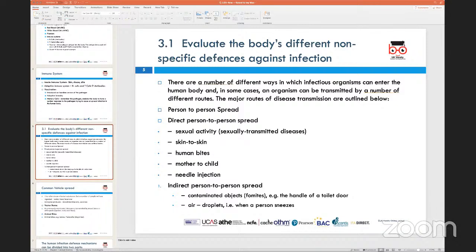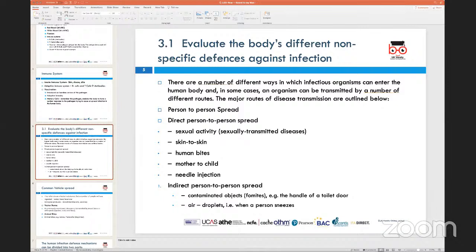Now, if we look at these in a bit more detail, what are anatomic barriers? They are our skin and our mucous membrane, which lines our airways, whether nasal, mouth, or windpipe. And we also talk about hair, whether on the skin, on your scalp, eyebrows, eyelashes, or in the nasal lining.